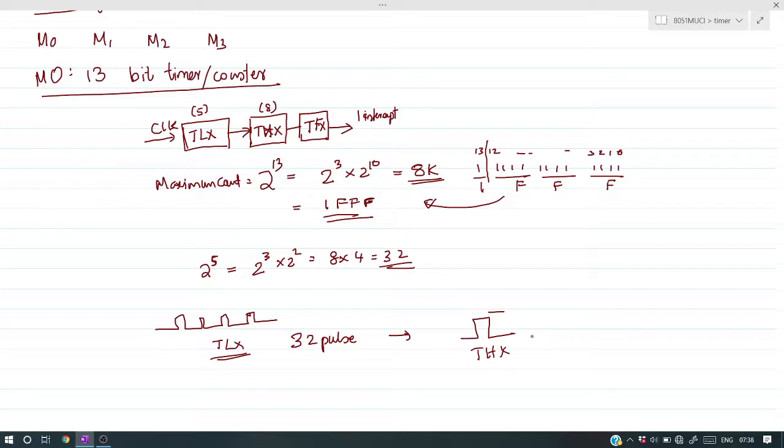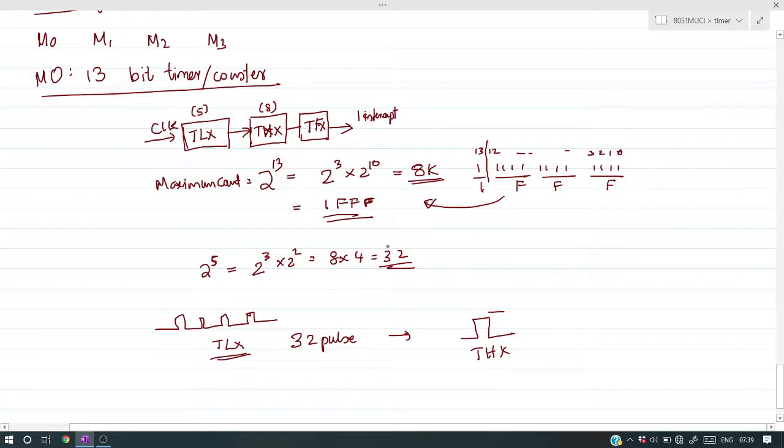This mode is used so that after 32 pulses we get only 1 pulse. After the next 32 we can obtain another higher order clock. Clear? Higher order signal or clock. So this mode is used to divide the frequency: whatever frequency you are giving here is divided by 32. After the first 32 pulses we get an overflow to TH. After the next 32 pulses we obtain another overflow.